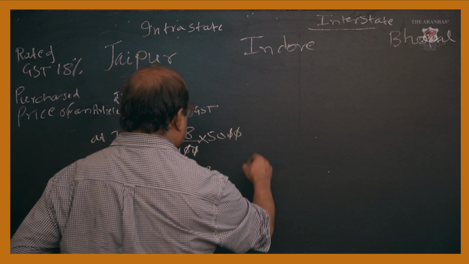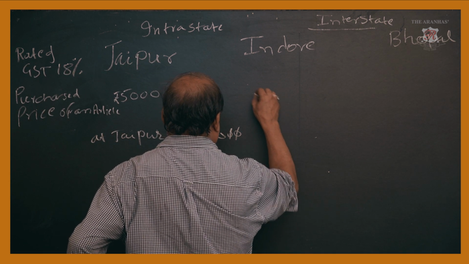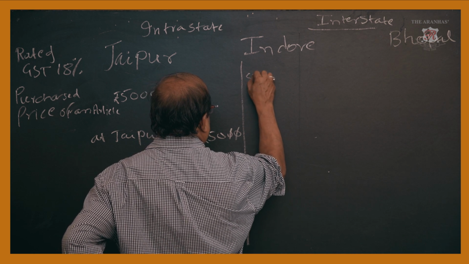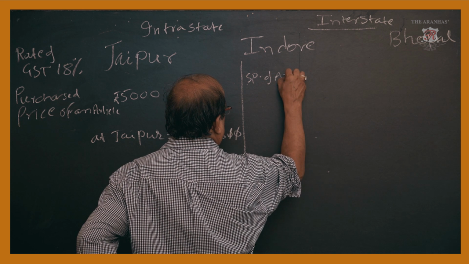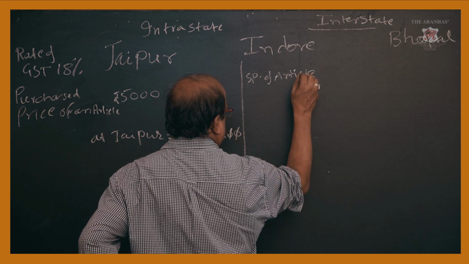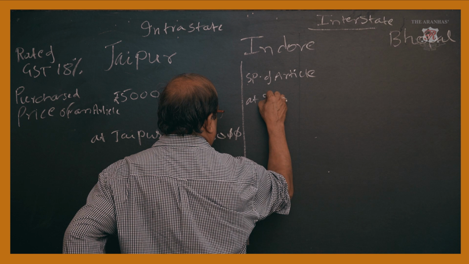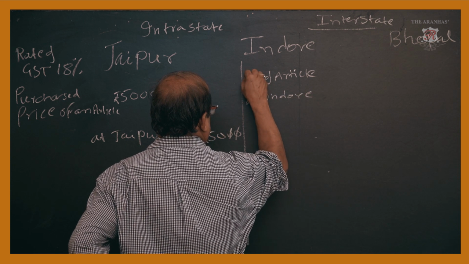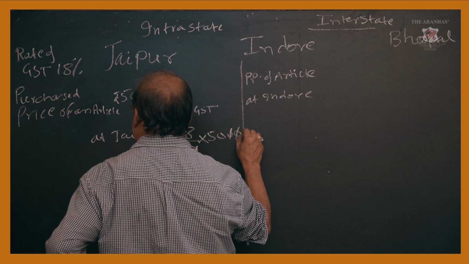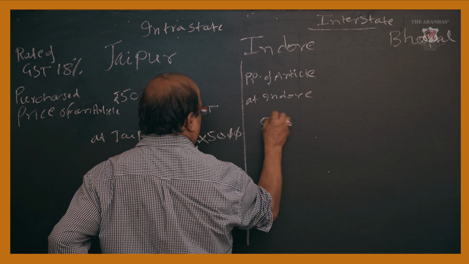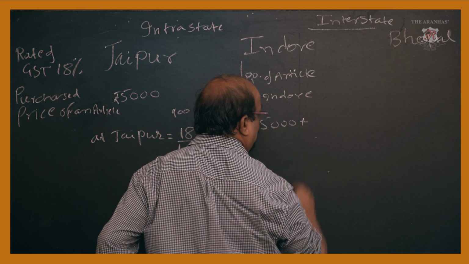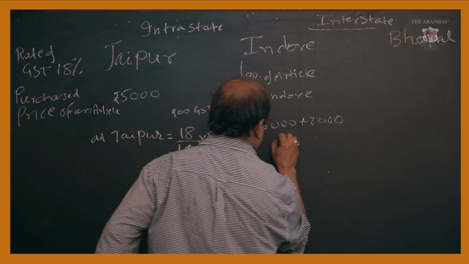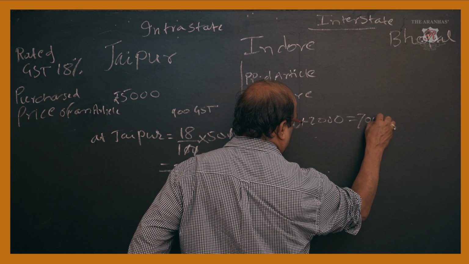Then after taking 2,000 rupees as a profit, the selling price of the article at Indore is rupees 5,000 plus 2,000, that will give 7,000 rupees.